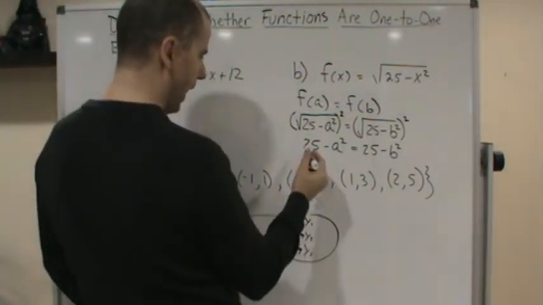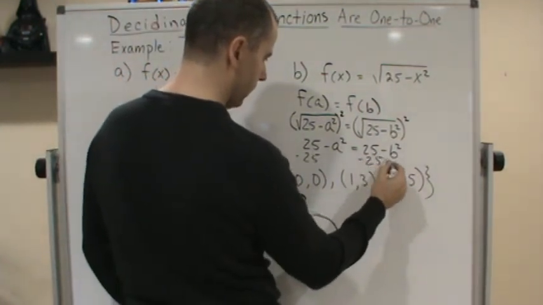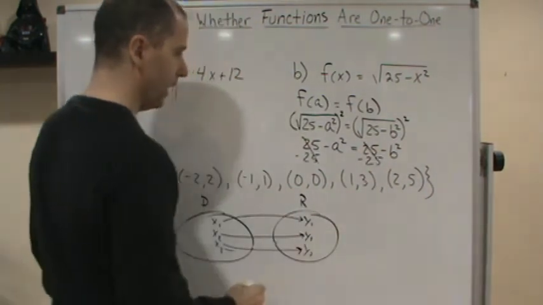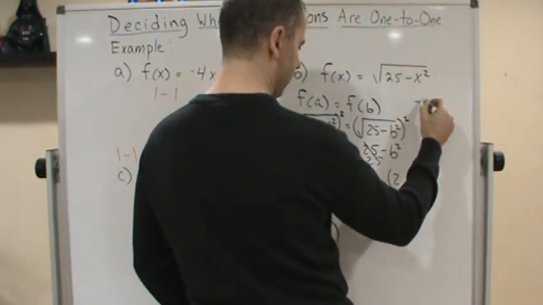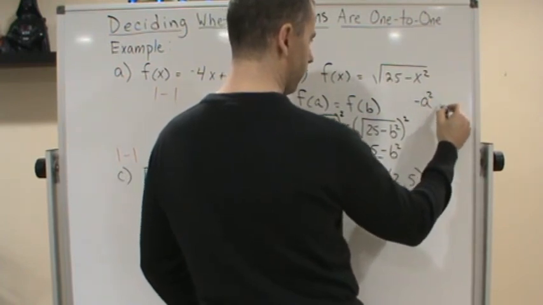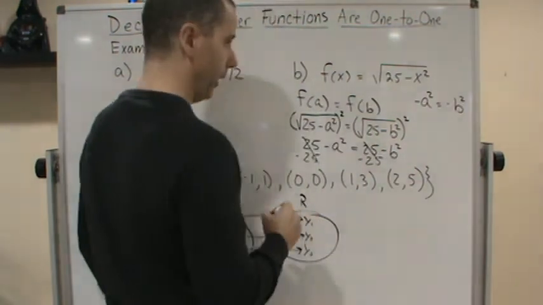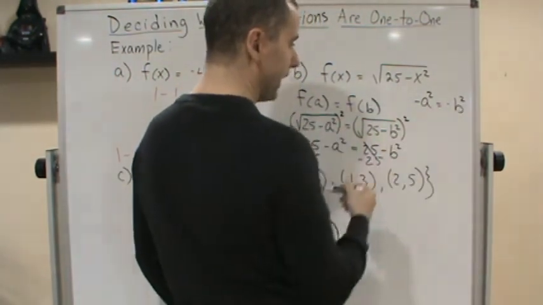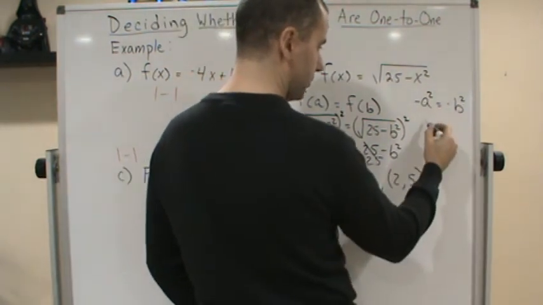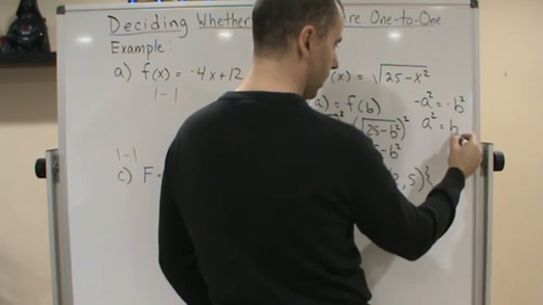Now, I'm going to subtract 25 from both sides. And that gets rid of the 25s. And so now what I have is negative A squared equals negative B squared. And now I can multiply both sides by negative 1 and get rid of the negative sign, so that's easy. This is going to lead us to A squared equals B squared.